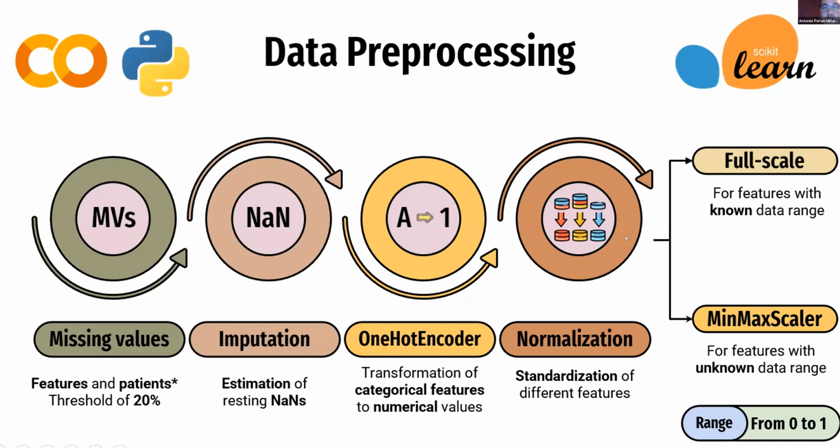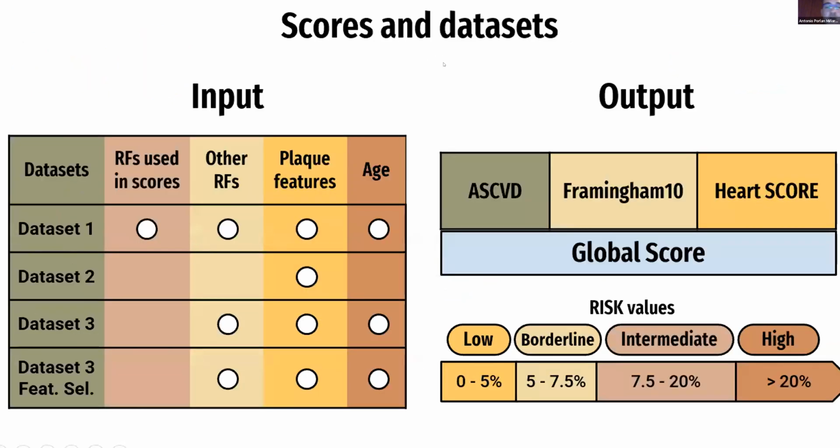Because if not, it's going to be unbalanced, and some features are going to be more powerful in the decision of the model, and they need to have the same weight, the same relation. Now we have all the preprocessing step finished.